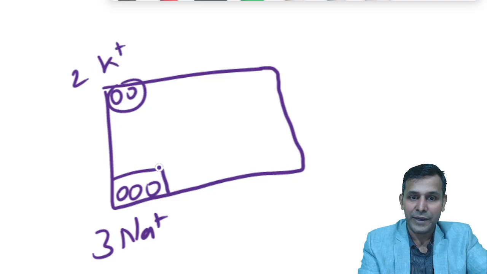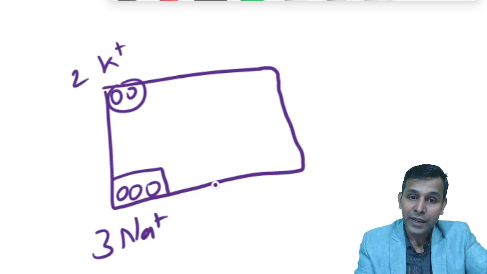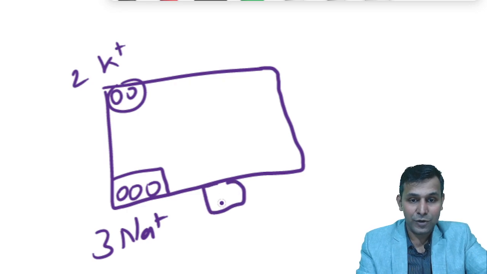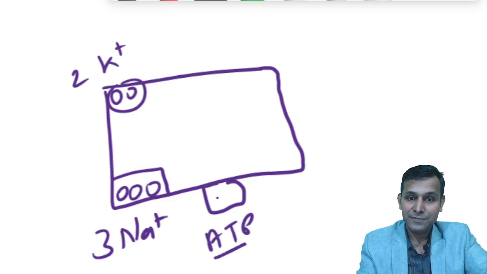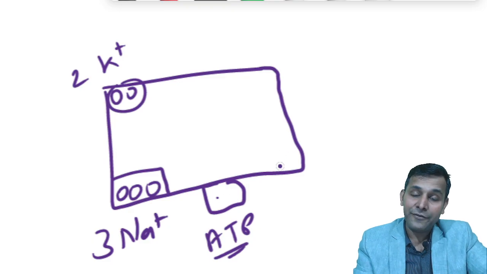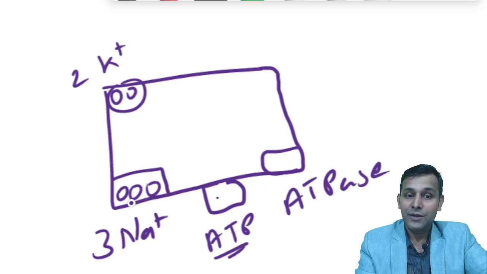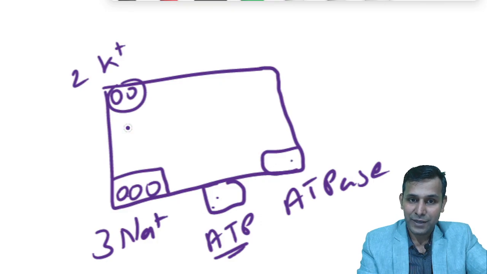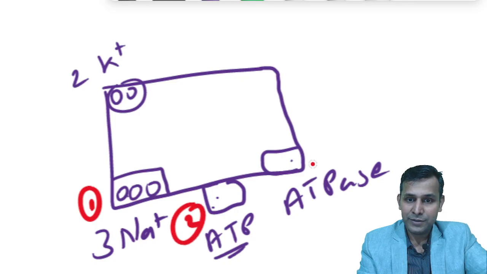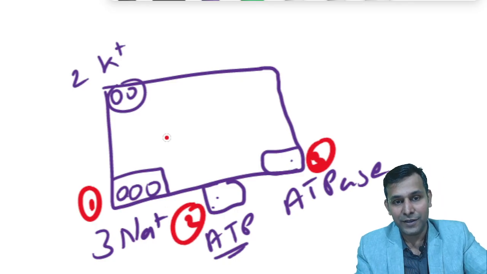We have 1 ATP binding site on the interior face, so ATP binds onto the interior face. And we have one enzyme ATPase binding site. So we have 1, 2 and 3 binding sites on the inner surface.